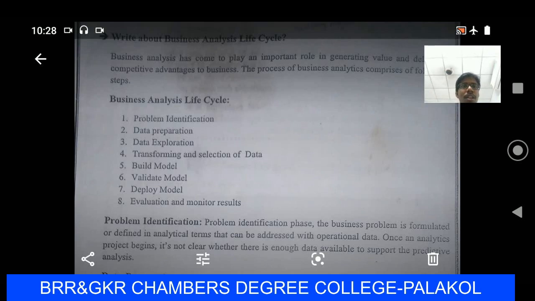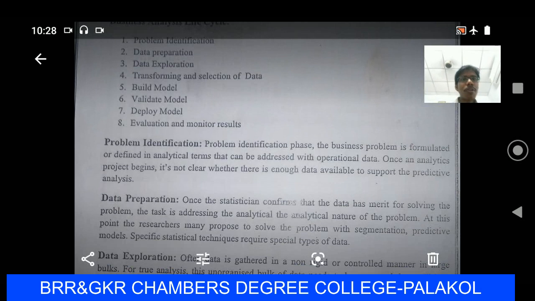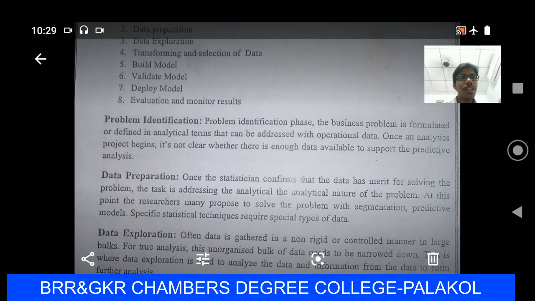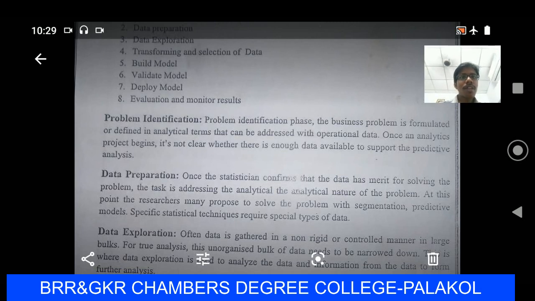Coming to the first step of the life cycle, that is problem identification. What is problem identification? In the problem identification phase, the business problem is formulated or defined in analytical terms that can be addressed with operational data.